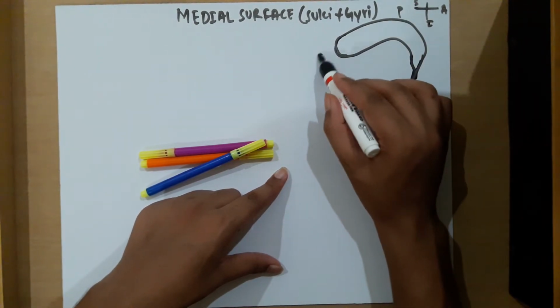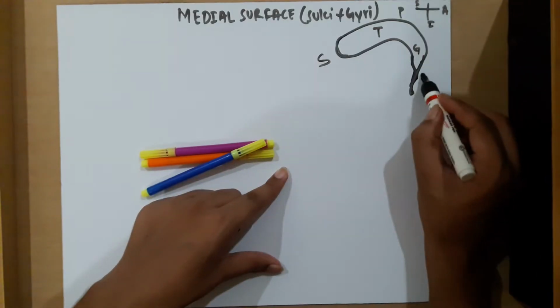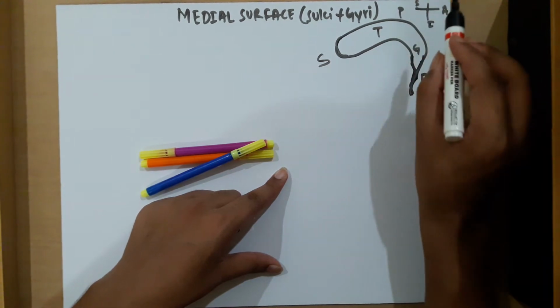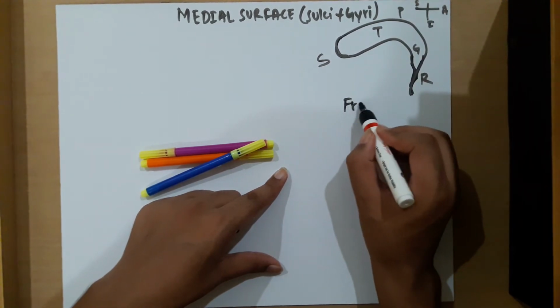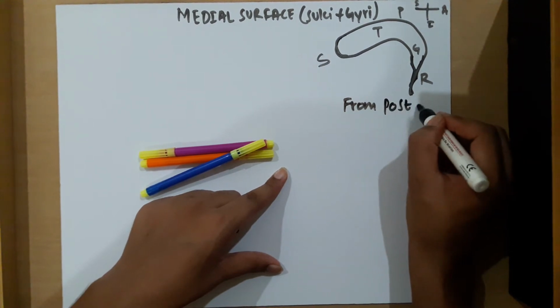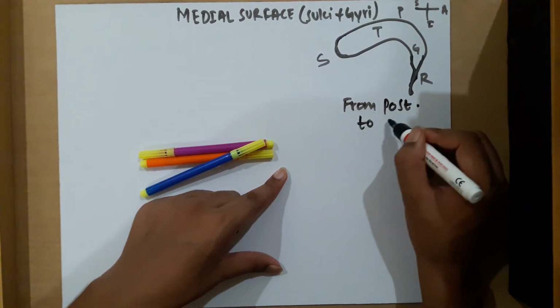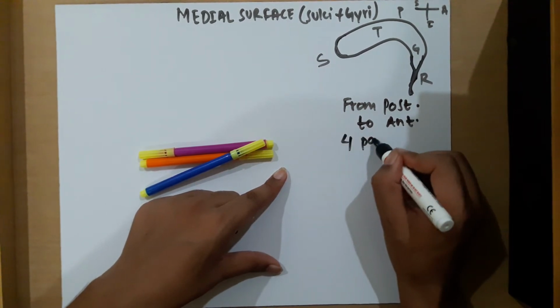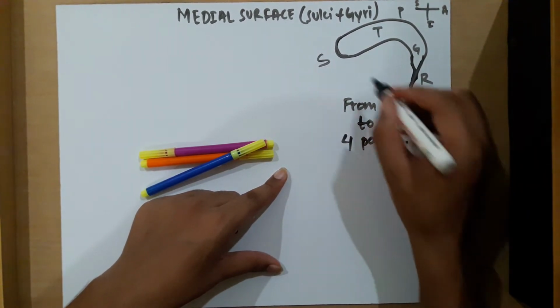From posterior to anterior the four parts are: splenium, trunk or the body, genu, and the rostrum. This is the corpus callosum.